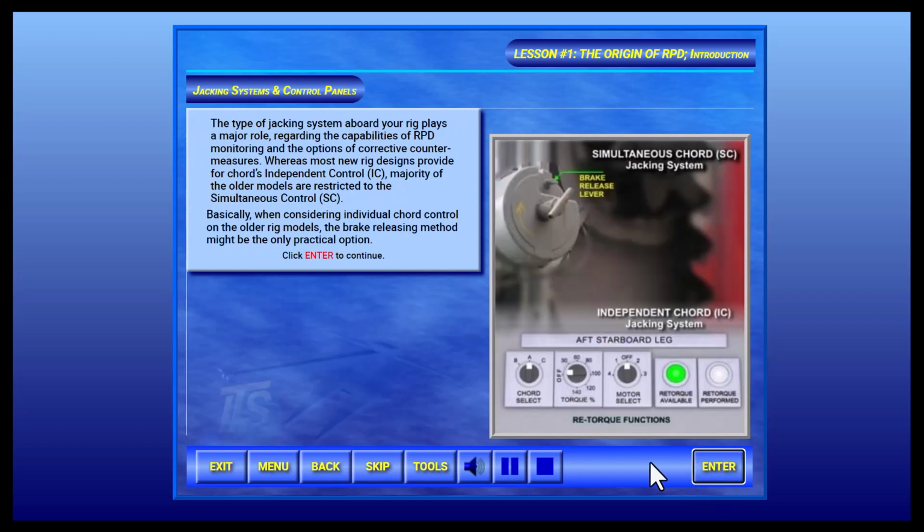The type of jacking system aboard your rig plays a major role regarding the capabilities of RPD monitoring and the options of corrective countermeasures. Whereas most new rig designs provide for cords-independent control, the majority of the older models are restricted to the simultaneous control. Basically, when considering individual cord control on older rig models, the brake releasing method might be the only practical option.